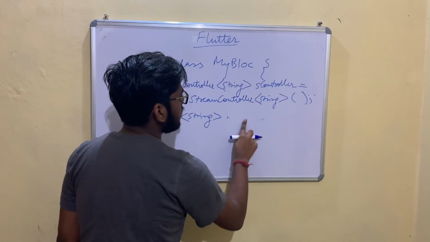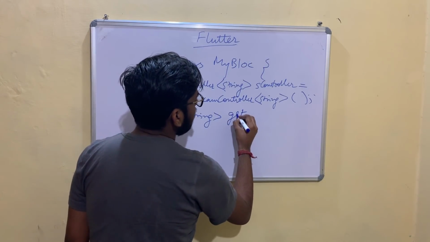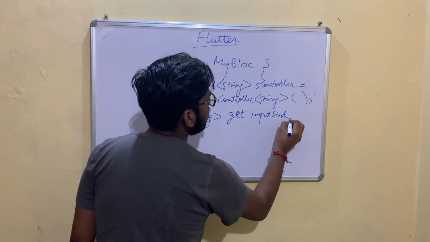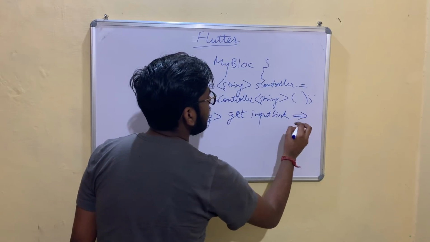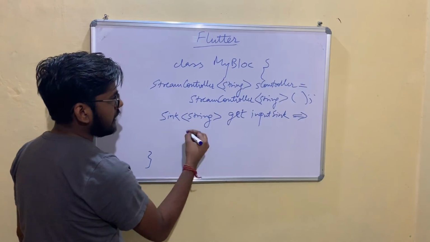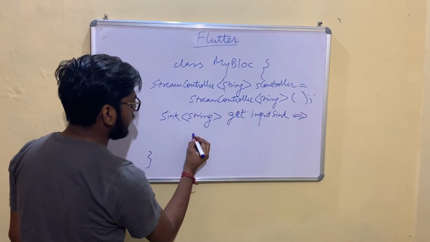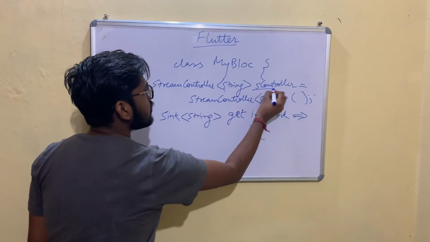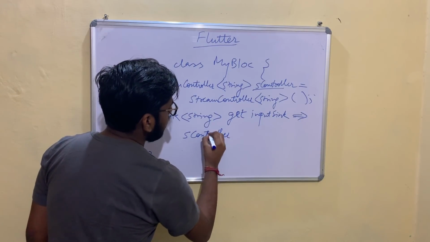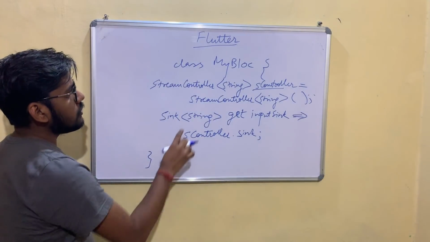We will code it later as well, but right now just try to understand. We will use this operator here to make it a property easily without using any return keyword, and then we can use this sController here and say dot sink. So this is my BloC class.